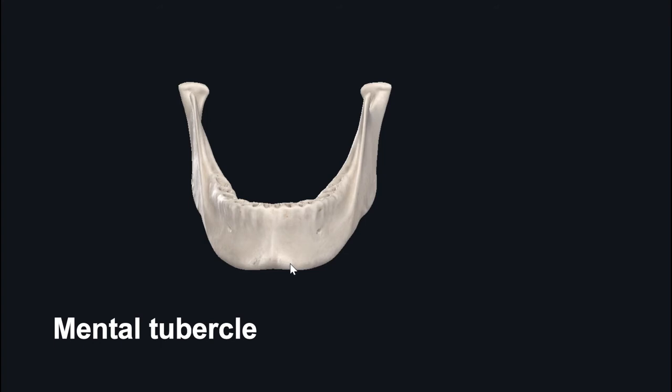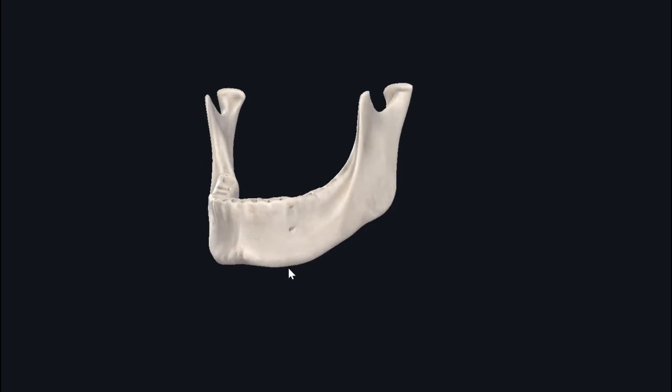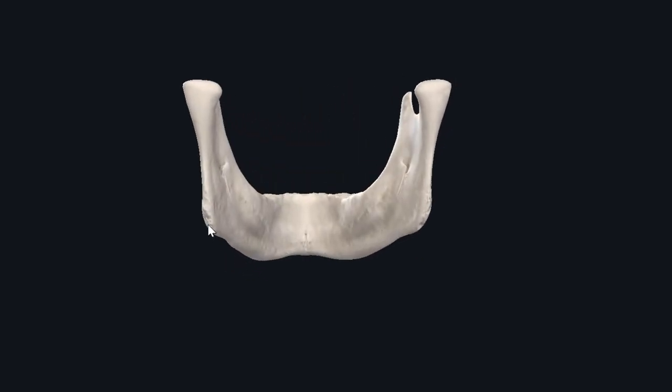This mental tubercle runs laterally and posteriorly with the inferior border. Now, on the middle of this inferior border, if I look inferiorly, there is a fossa called the digastric fossa.